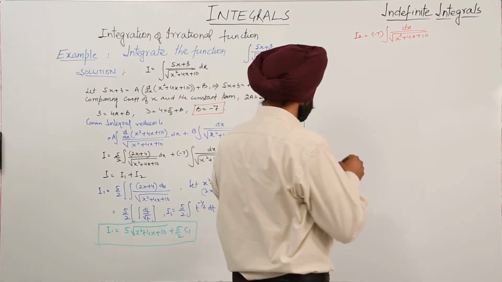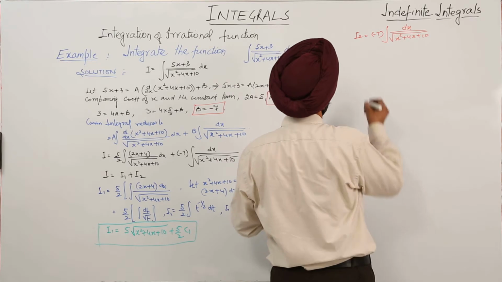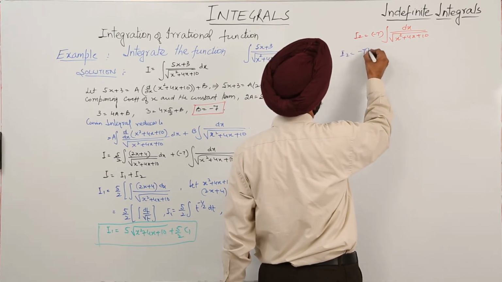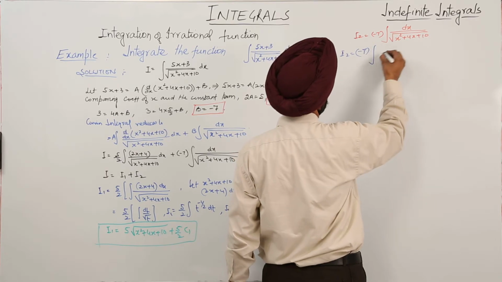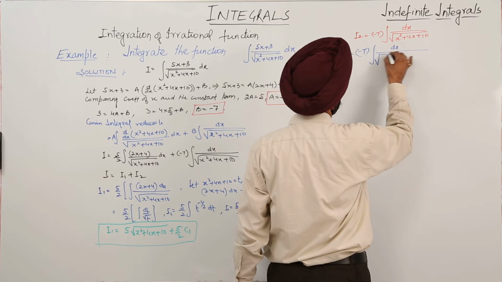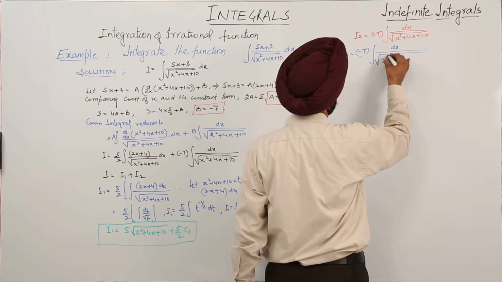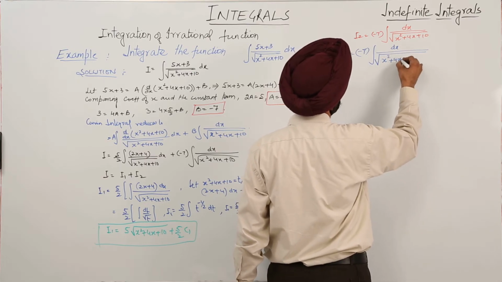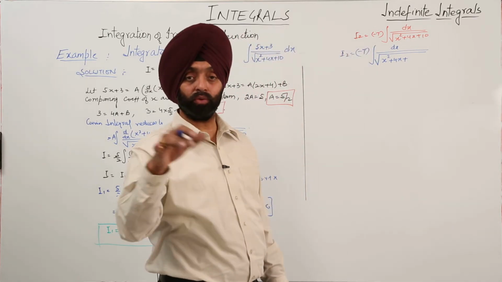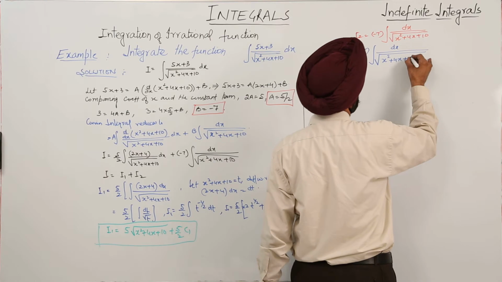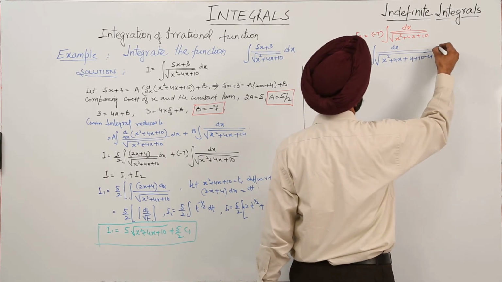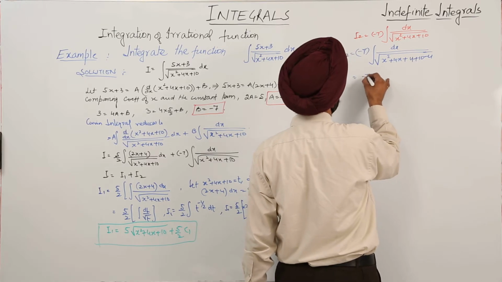Now dx upon, now adding and subtracting half coefficient of x, half of 4, that is 2, square of 2 is what? 4. Plus 4 plus 10 minus 4.